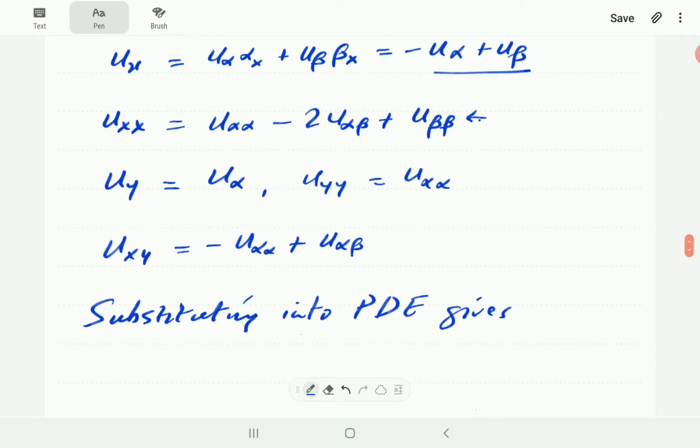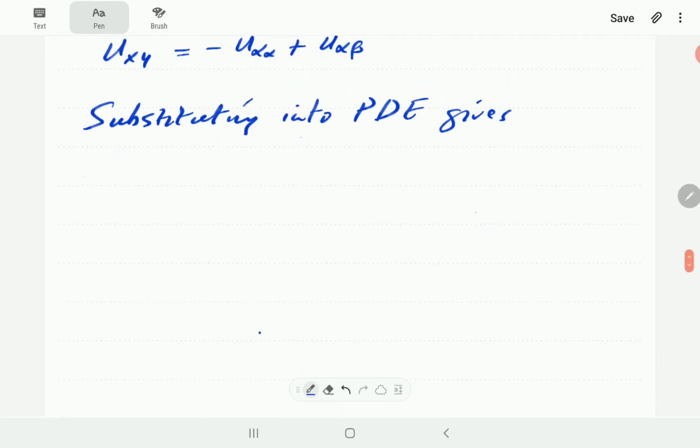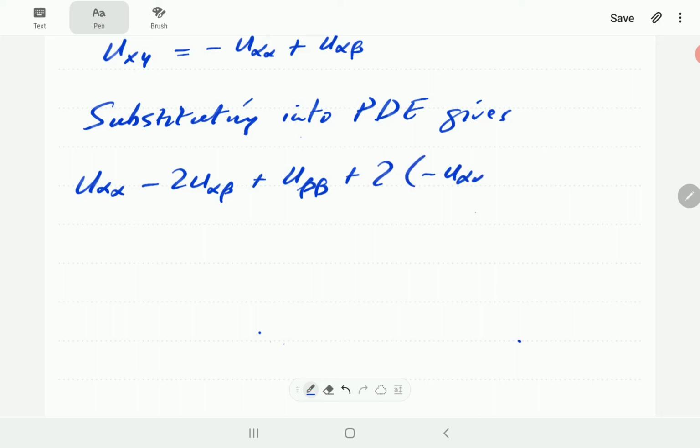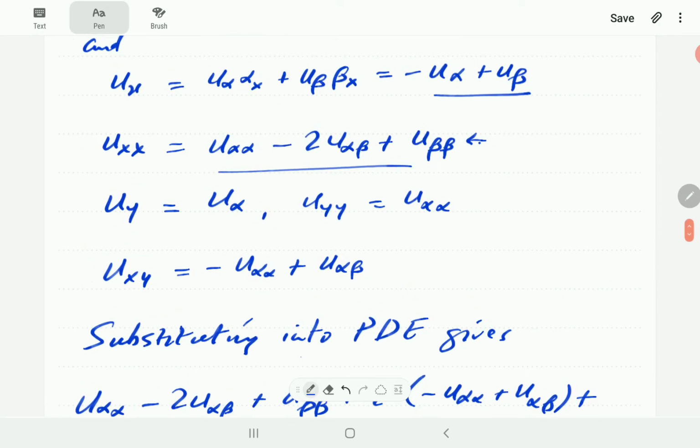So uxx is here, so that's going to be u alpha alpha minus 2u alpha beta plus u beta beta, and then 2uxy is going to be given by that, and then 2uyy. Uyy is just u alpha alpha, so that's going to be 2u alpha alpha, and then ux is the negative u alpha plus u beta equal to 0.